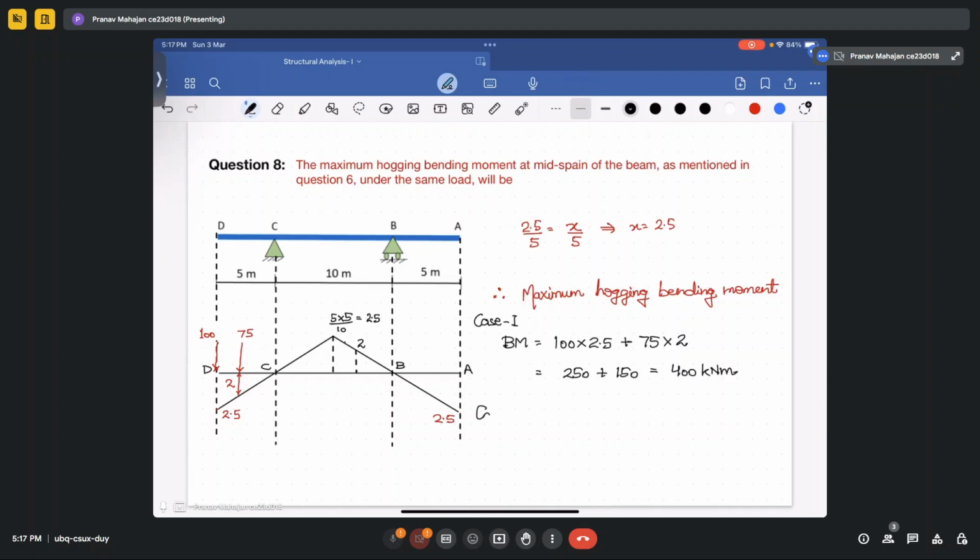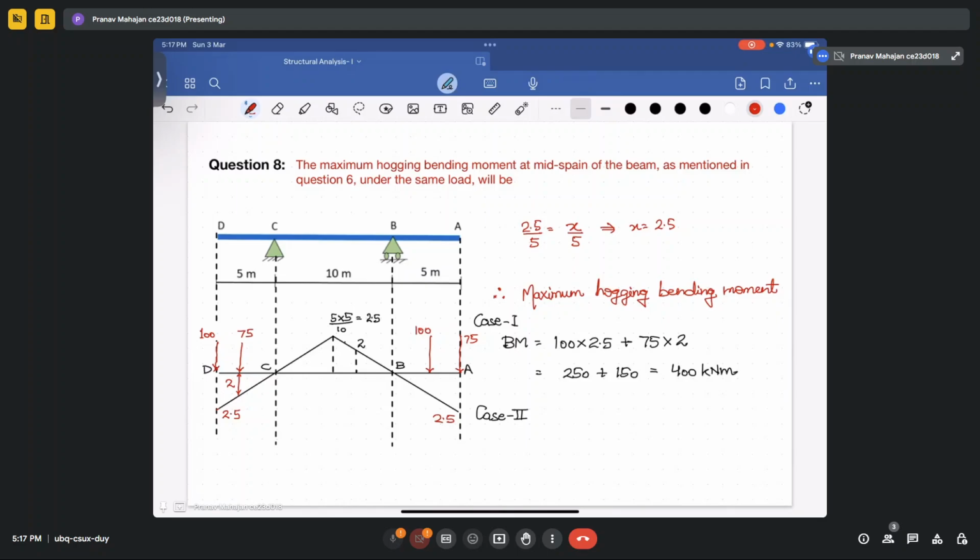So for case two, we'll be having 75 kilonewton here and 100 kilonewton here.